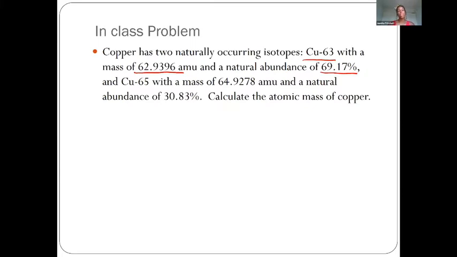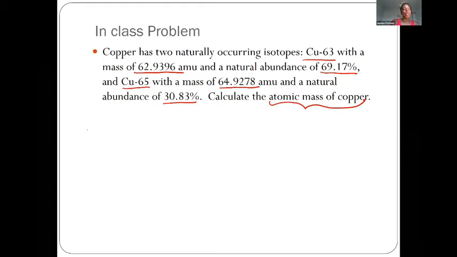We are also told that the second isotope, copper 65, again 65 is the mass number, has an atomic mass of 64.9278 and a natural abundance of 30.83. And we want to calculate the atomic mass of copper. So what this means, if we think back to that slide I just showed previously, we're solving for the atomic mass. And so we should be able to check our answer against what is shown on the periodic table.